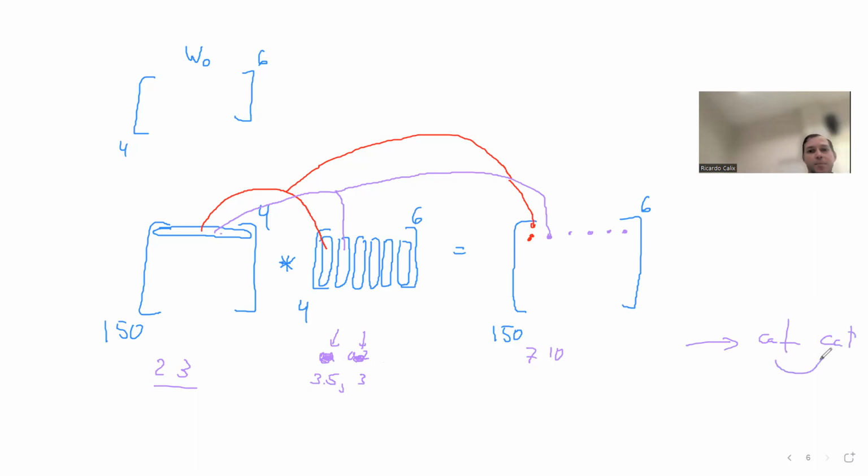I got it. But I needed this to be 7 and 10 because this is also going to be multiplied by other weights. This I cannot change because that's just a sample. The only thing I can change is this. So I need to play with these until there's a match here. Initially, in the first example, the intuition should be that you have 0.1, 0.2, that gives you whatever these values are.